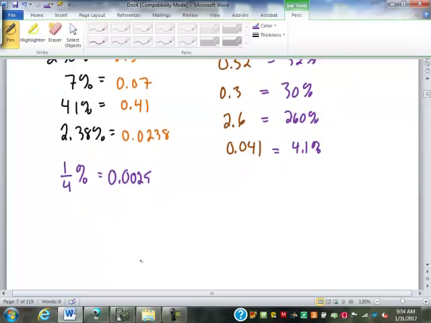Very good. Because remember, 0.25 would still be a percent. That's just changing the fraction percent to a decimal percent. So we'll have to move it 2 spots to make it just a pure decimal.